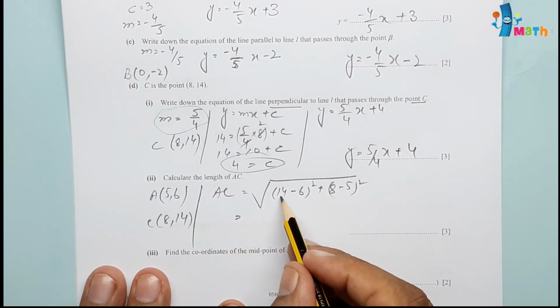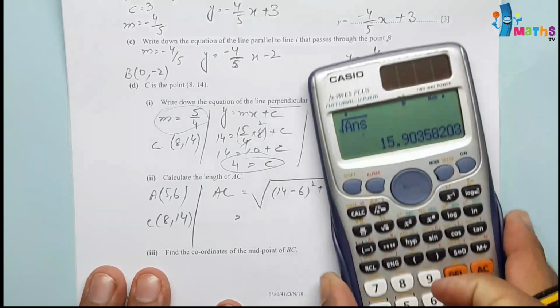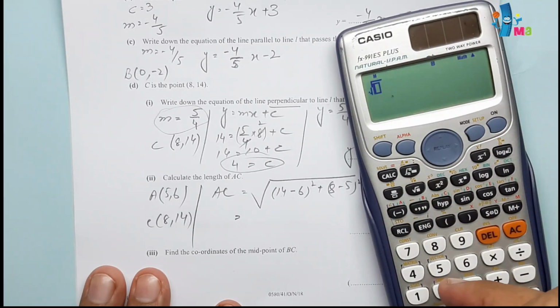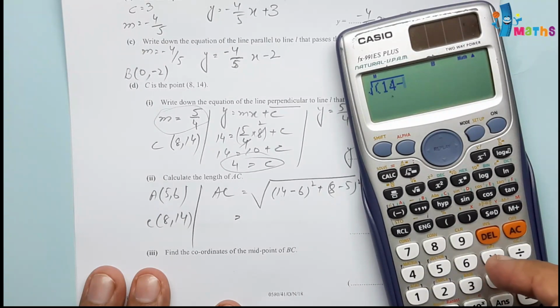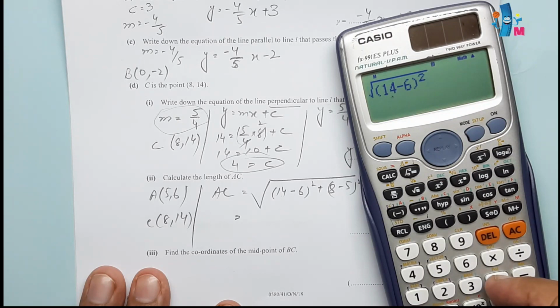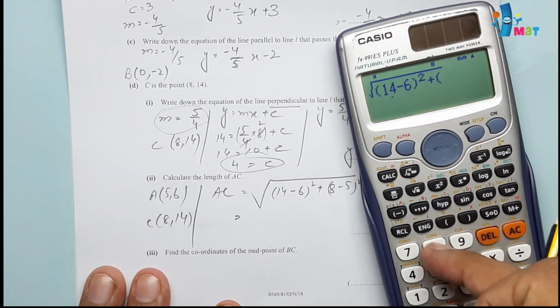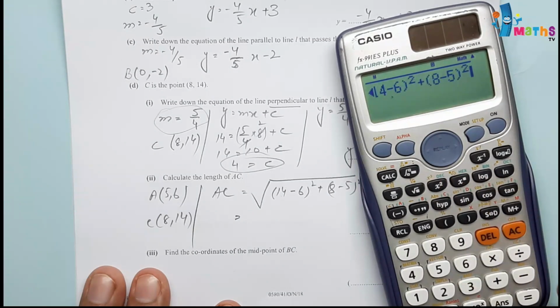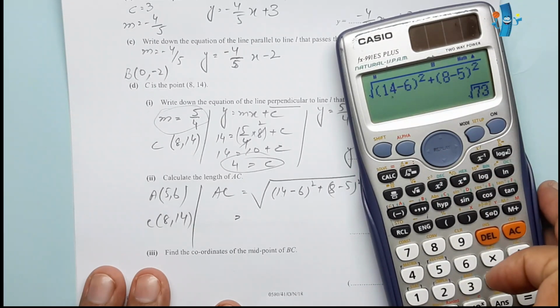We can calculate with the calculator. 14 minus 6 squared plus 8 minus 5 squared will be equal to root 73.